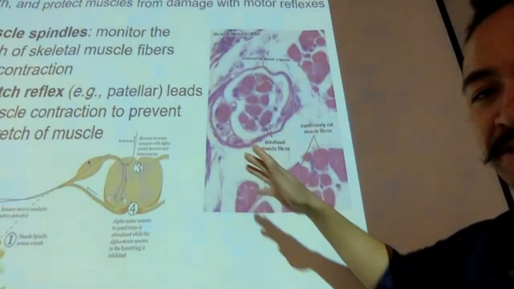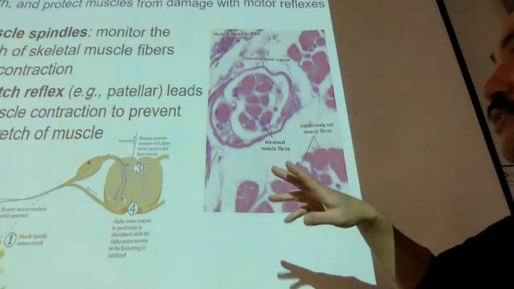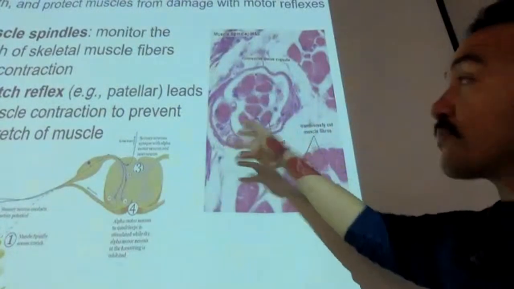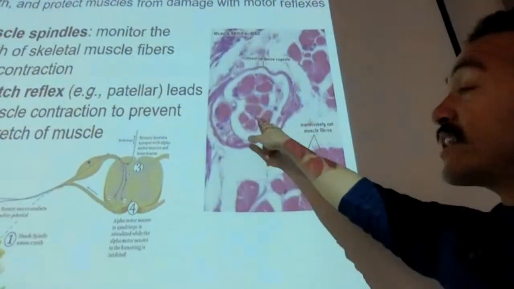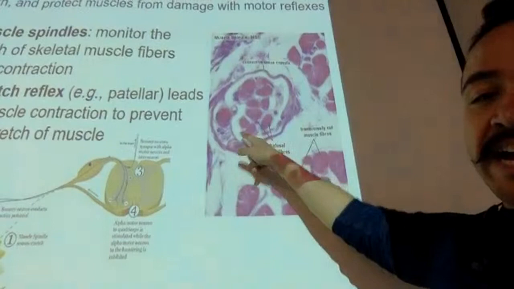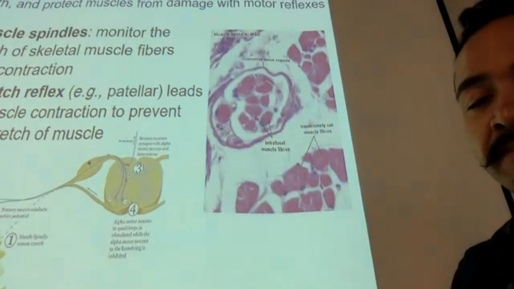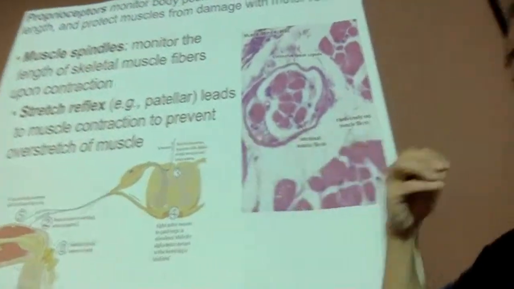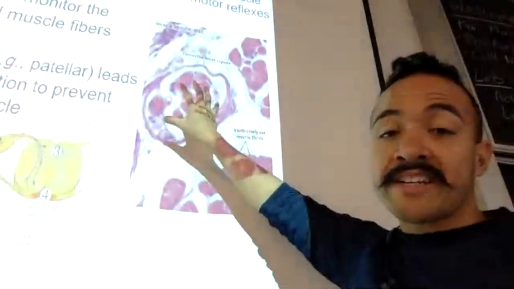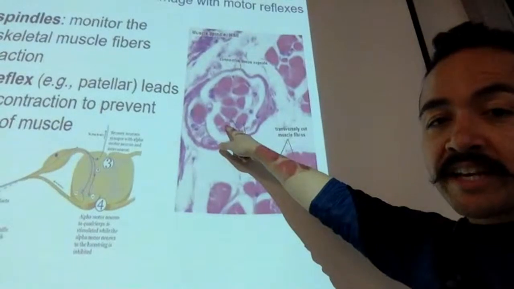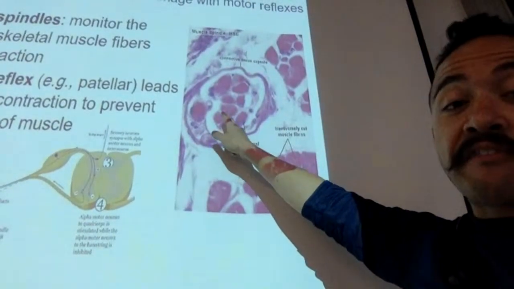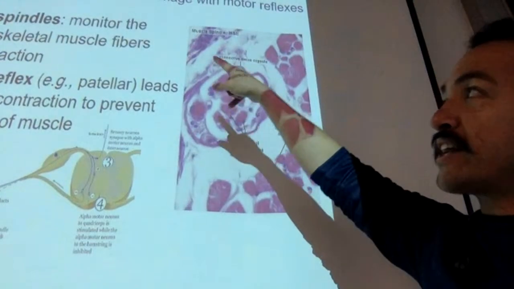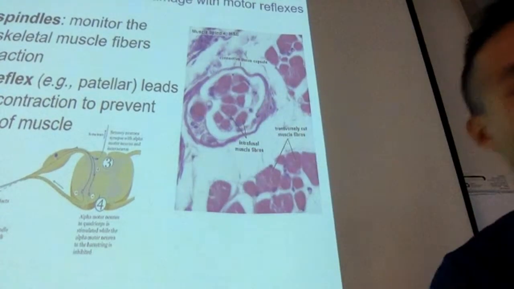For reasons that we're not getting into right now, you'll hopefully learn in physiology, this whole thing, this muscle spindle, is what detects, and you need specialized muscle fibers inside to detect the stretch, to protect things like with the stretch reflex. I know it has muscle fibers in here, but they're not for contracting. They're for detecting. These are special muscle fibers inside of muscle spindles for detecting stretch.